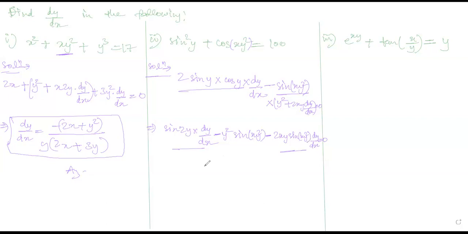So I'll take that term to the right hand side and combine both of these terms together. So I can write this becomes sine 2y from the first term, and this becomes minus 2xy sine of xy square is equal to y square sine of xy square. So your final answer for dy by dx actually becomes y square sine of xy square over that.